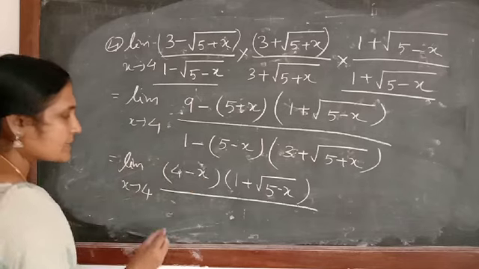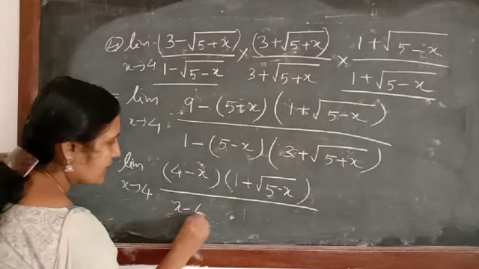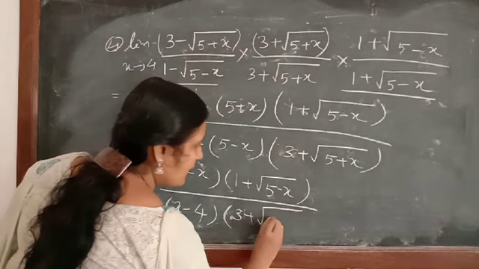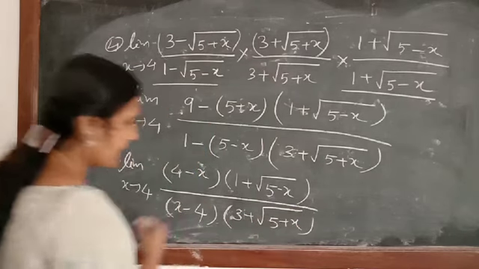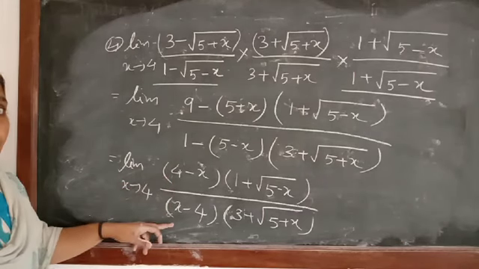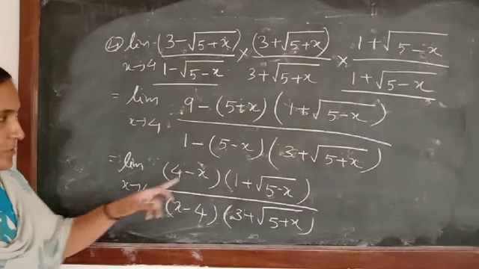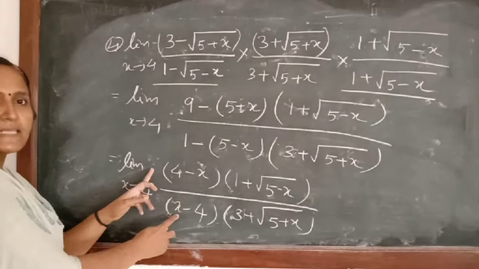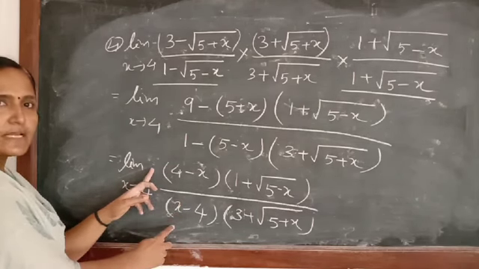So we will get there x minus 4, (x minus 4) into 3 plus square root of 5 plus x. Now what is the difference here in these two? Only a difference of negative sign. So if I take a negative sign common, these two expressions will be the same. So we can cancel these two expressions.